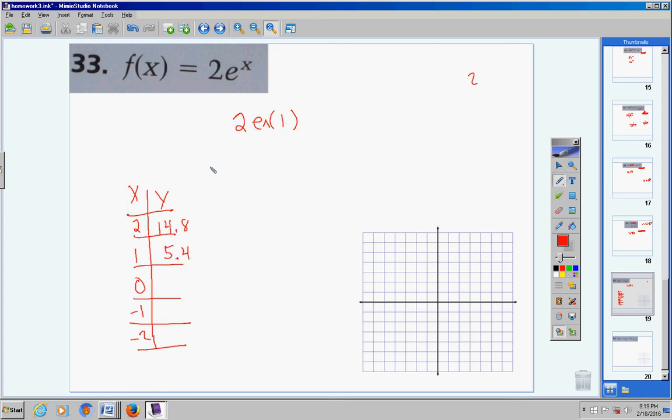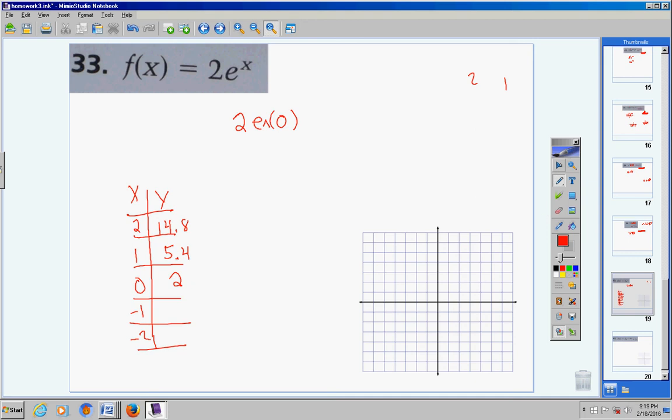Next, I'm going to substitute 0 in for x, and that one you can do in your head, because anything to the 0 power is 1, okay? So e to the 0 power is 1, and 1 times 2 is 2. So that one's pretty simple. Moving on to negative 1.